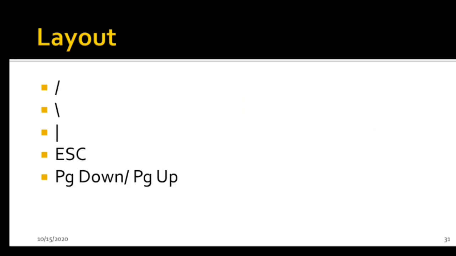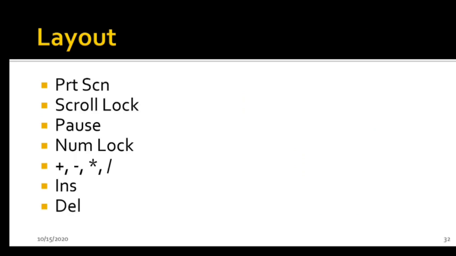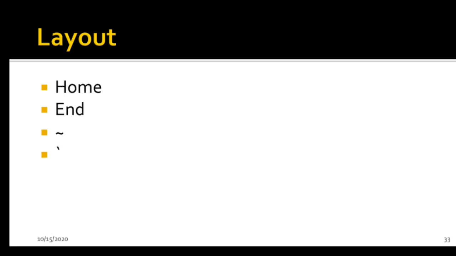Forward slash, backslash, then bar, escape, page down and page up keys are there. Then a few more keys are there on the keyboard like print screen, scroll lock, pause, num lock, plus, minus, multiplication and division. Here the asterisk key is also used for multiplication and the slash key is also used for division. Then insert key and delete key. Then home key, end key, then tilde key. The tilde key is used for a few unique typing patterns.